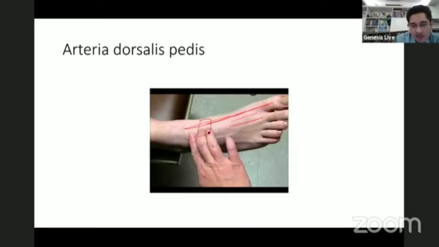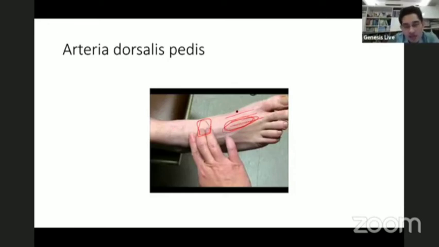The navicular bone is over here. Most of you make a mistake and try to palpate it over here. No, there is no bone over here. Remember, you need to have something to press on to palpate something, right? So here there's nothing, just a space filled with muscles. So you need the navicular bone.